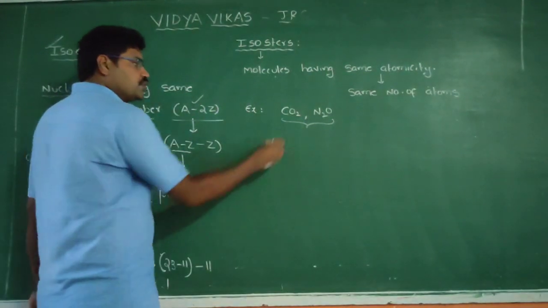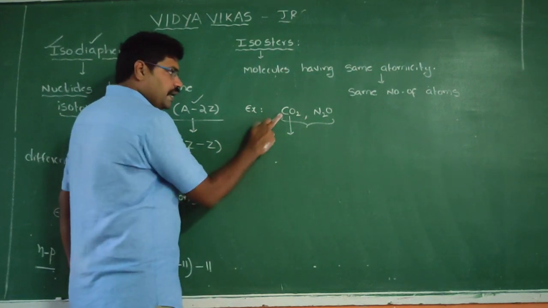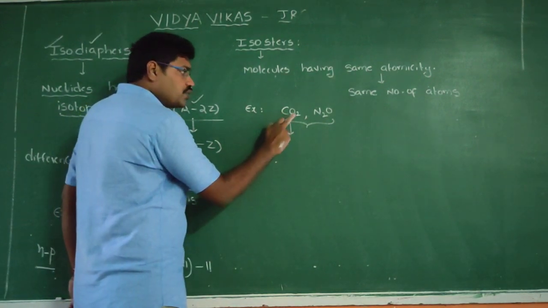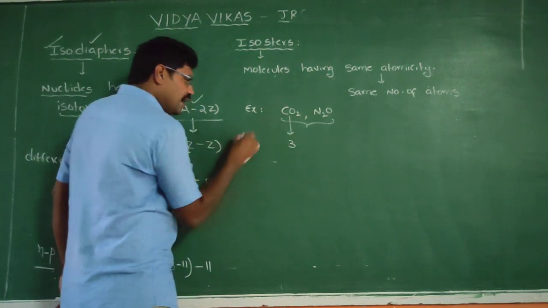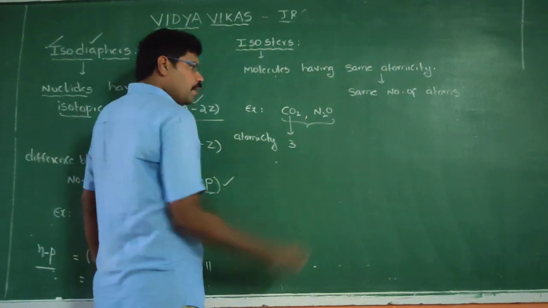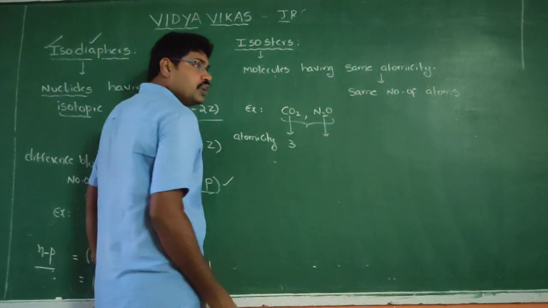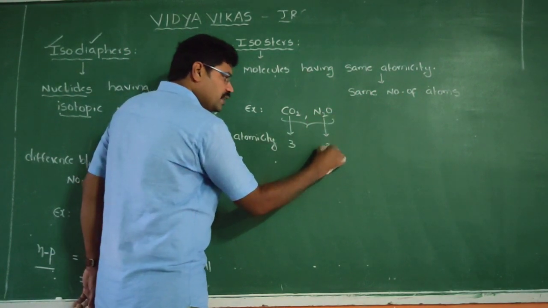How can you confirm isostats, sir? How many atoms are in CO2? One carbon and two oxygen atoms. So 1 plus 2, 3, the atomicity of CO2 is 3. What about N2O, sir? 2 nitrogen atoms and 1 oxygen atom, 2 plus 1, 3.